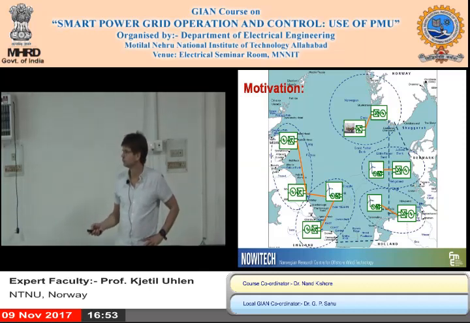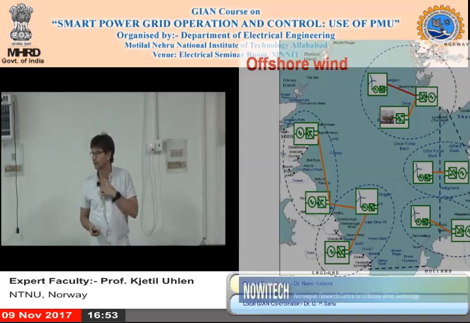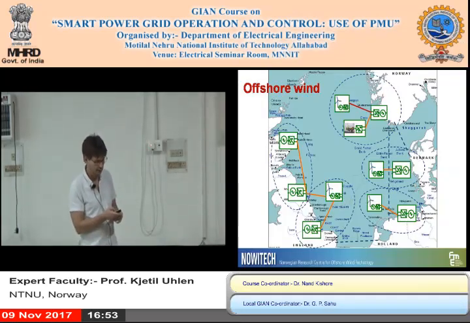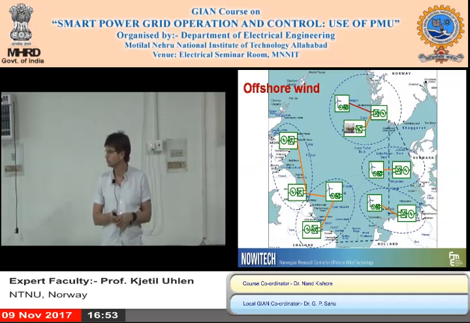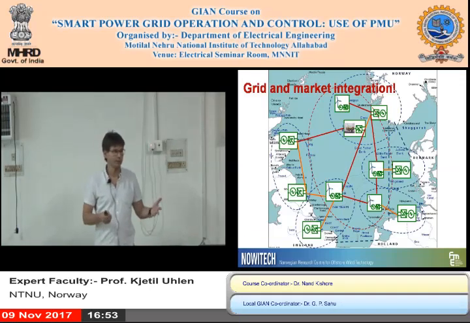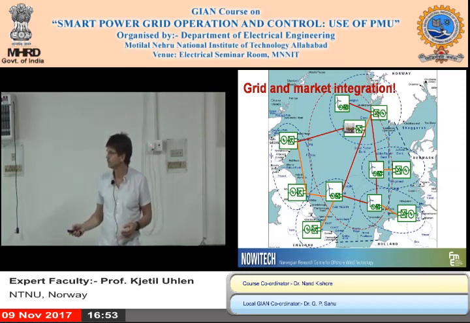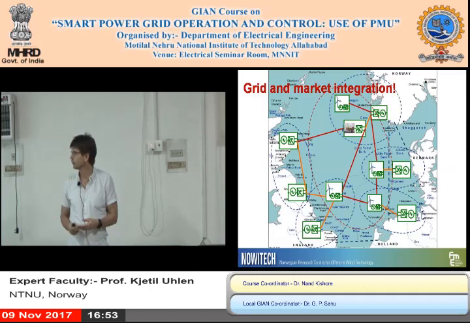So why should these be just connected to shore? Why can't you interconnect them in a grid? There would be several motivations for that, relating not only to grid capacity, but also to the ability to integrate the power market, to have more flexibility, to trade wind power and other power across the European system.